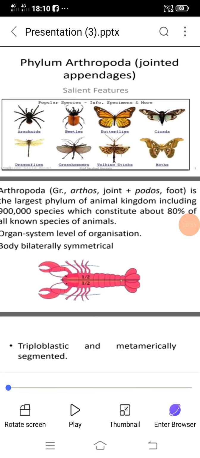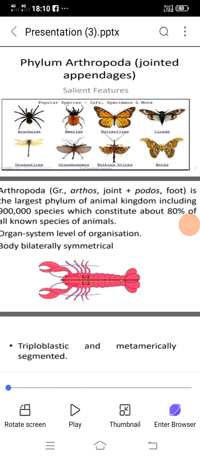You can see all these are the animals belonging to various classes of Phylum Arthropoda. All of them have a common feature, that is, they have the jointed appendages.